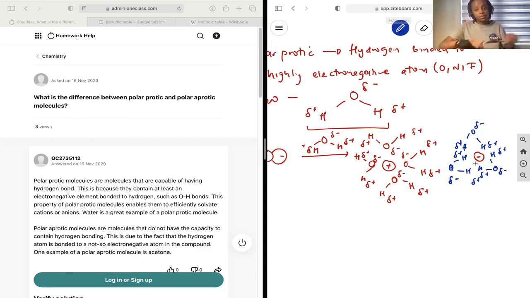And so that's why water is so good at dissolving things, because it basically attacks it, splits them, and surrounds them, which would prevent them from coming together again.